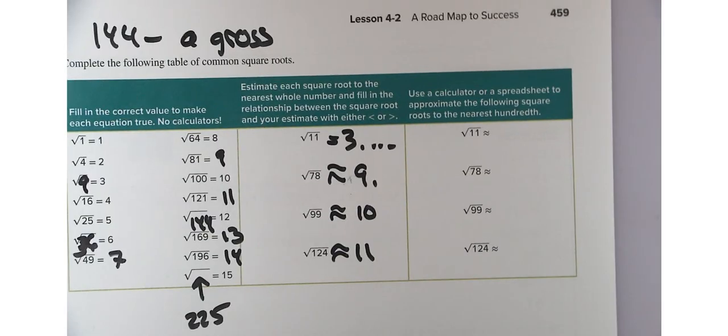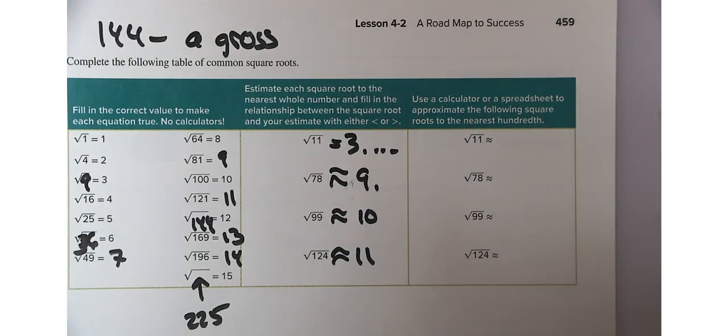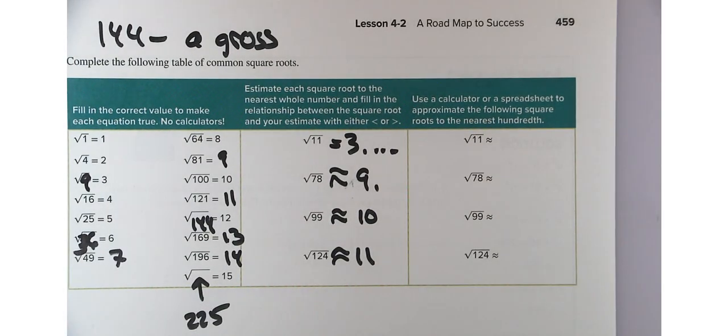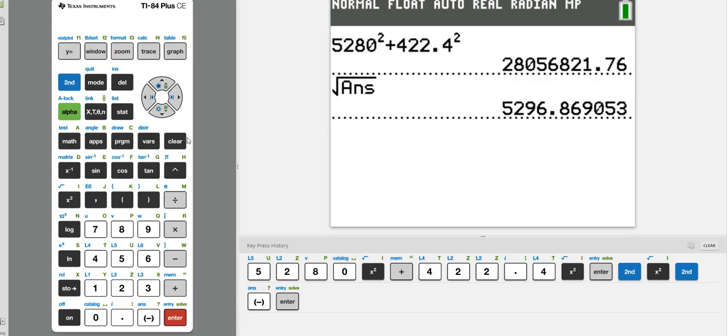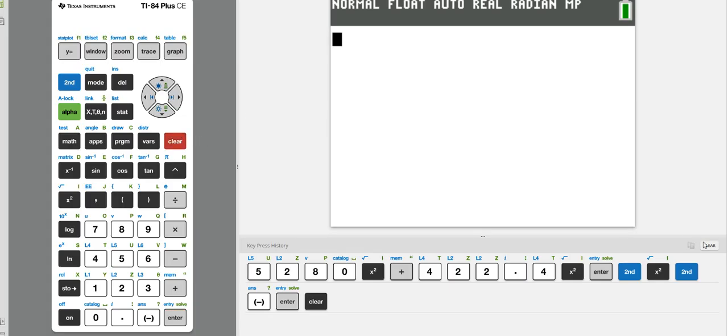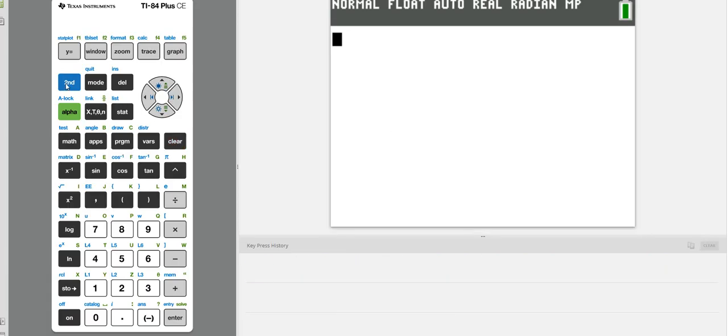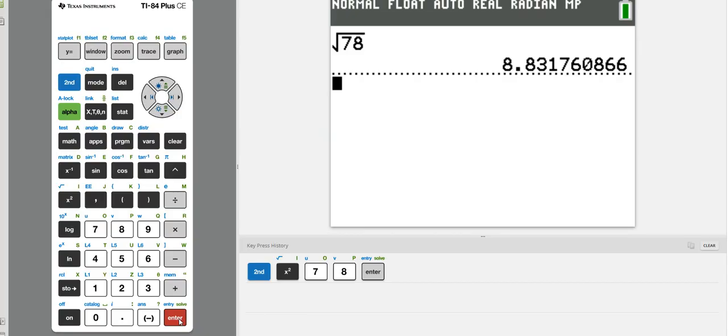Now, you can practice with these a little bit. Let's just do 1 or 2 of them. I don't think it requires more to be good with finding square roots on your calculator. Let's try and find the square root of 78. So let's clear all that. Second square root, 78. So about 8.83.